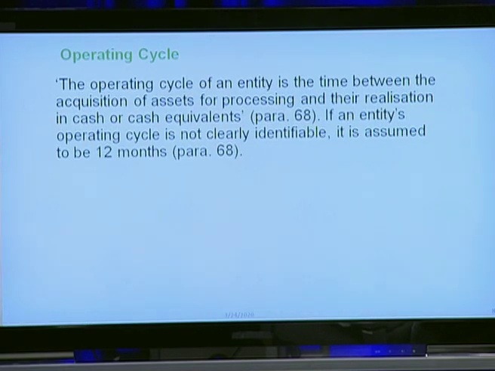The operating cycle of an entity is the time between the acquisition of assets for processing and their realization in cash and cash equivalent, and that is given in much detail in paragraph 68 of BAS, that is Bhutan Accounting Standard. If an entity's operating cycle is not clearly identifiable, it is assumed to be 12 months, and the same in detail we have in paragraph 68 of BAS.